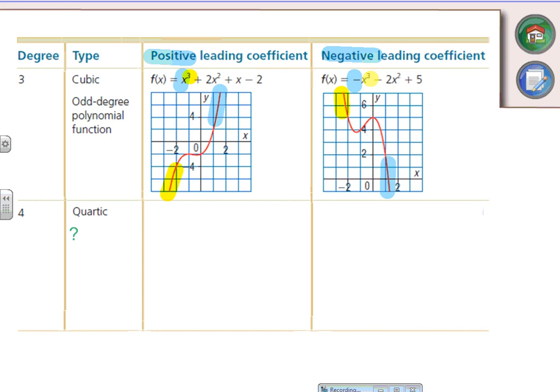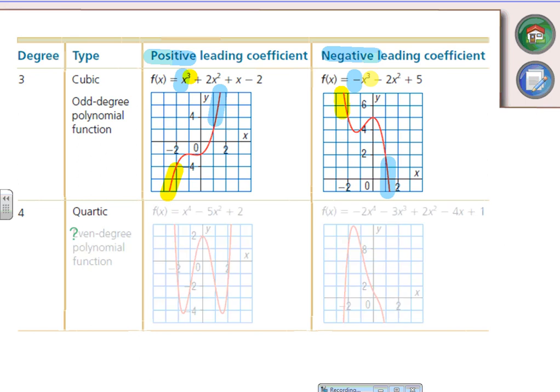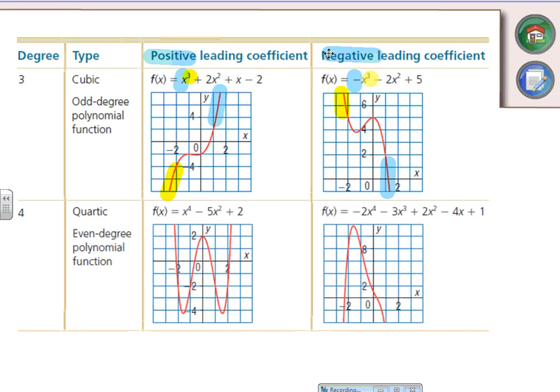Let's go to quartic. Okay, quartic is a degree of 4, even degree. Leading coefficient is positive, finishes up. Degree is even, starts same. Leading coefficient is negative, ends down. Even degree, starts same, so down.